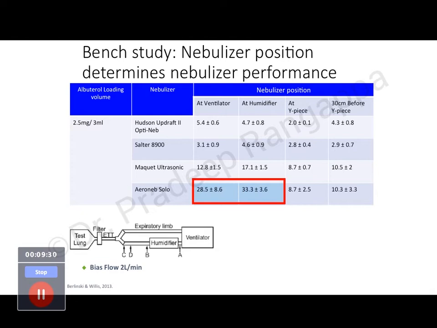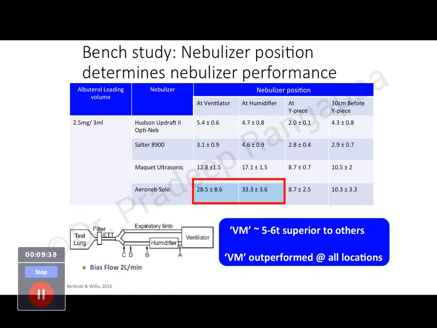If you look at the jet nebulizers and other nebulizers, the deposition is all in single digits. Just focus on the single digits. The double digits come only with the vibrating mesh nebulizer. And in this study, they found the vibrating mesh nebulizer was 5 to 6 times superior to others, and it outperformed at all locations. So our understanding is, the farther away we go, the better, obviously, the deposition.